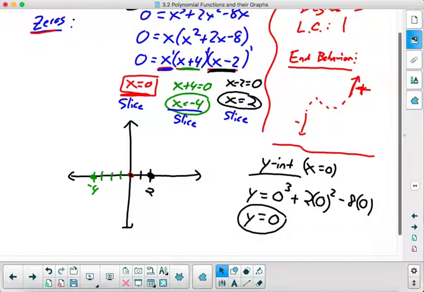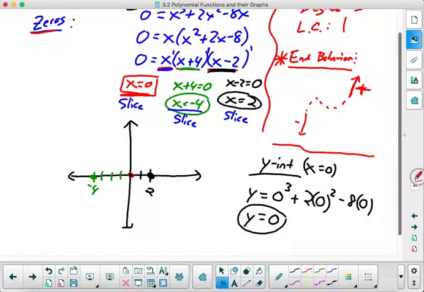So putting this all together, my end behavior, my zeros and my y-intercepts, I know it has to start out negative. I know it has to end positive. I know it has to slice through this. It's going to have to slice through that one. And it's going to have to turn and slice through that one. I'm going to get a graph that's going to look something like this.